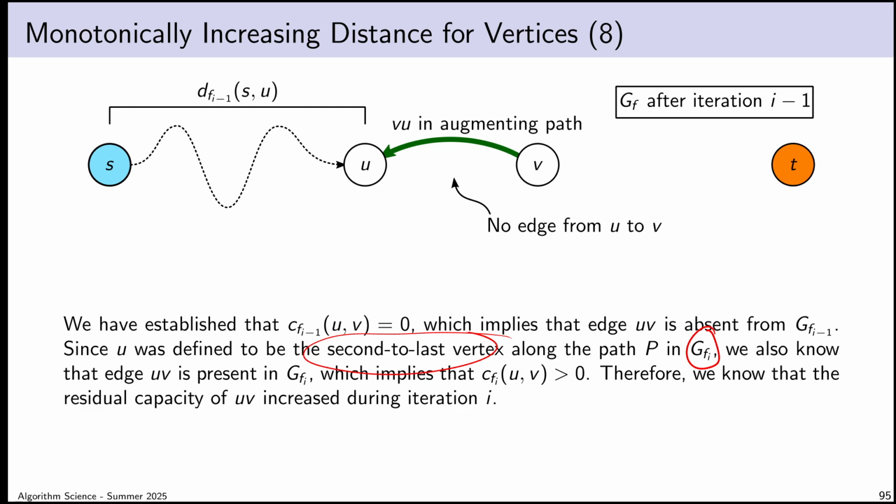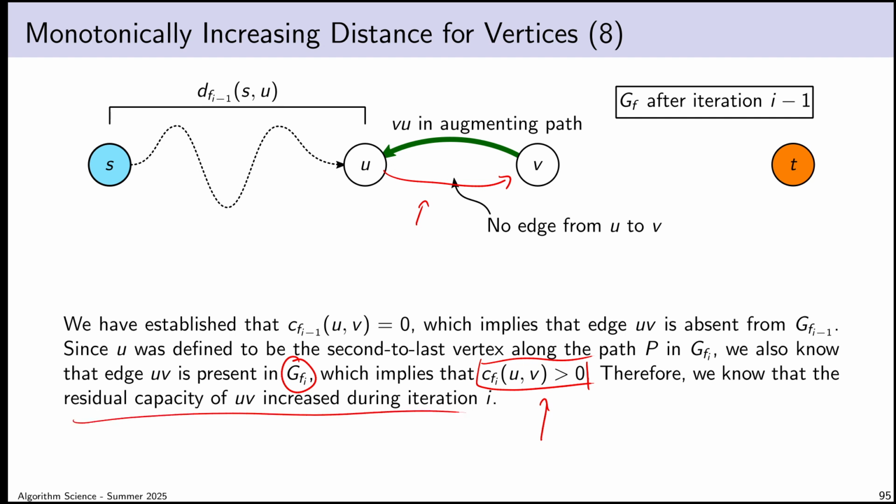Okay, so we know that the edge uv is in the residual network at the end of iteration i, which in turn implies that there is some residual capacity along that edge. So basically what I've shown is that there was no residual capacity from u to v at the end of iteration i minus 1, but there is some residual capacity at the end of iteration i, which of course means that the residual capacity of that edge increased during iteration i.